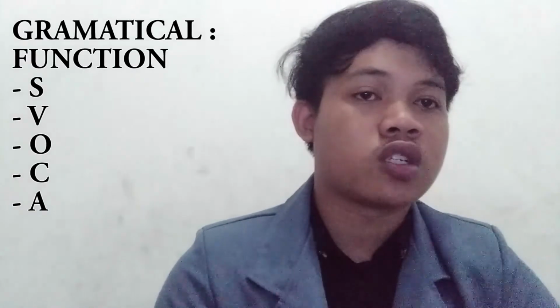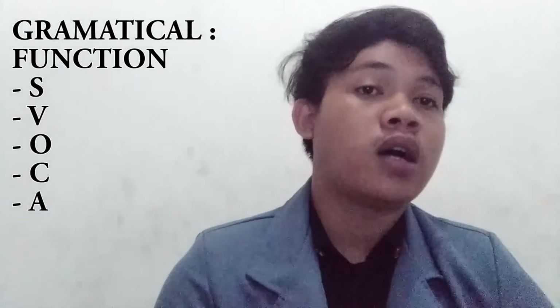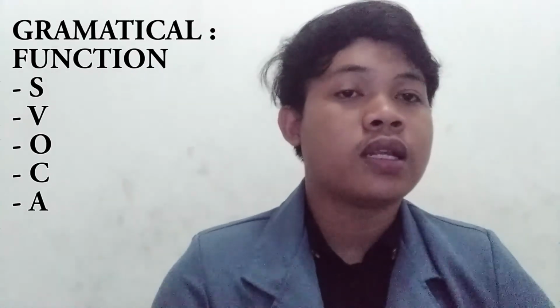So the concept of passive voice. The first one is the grammatical function. It contains subject, verb, object, complement, and adverbial. The complement and the adverbial can be optional, but subject, verb, and object are a must.